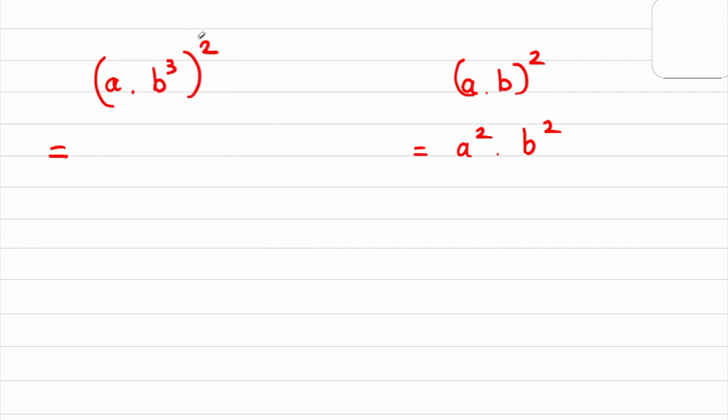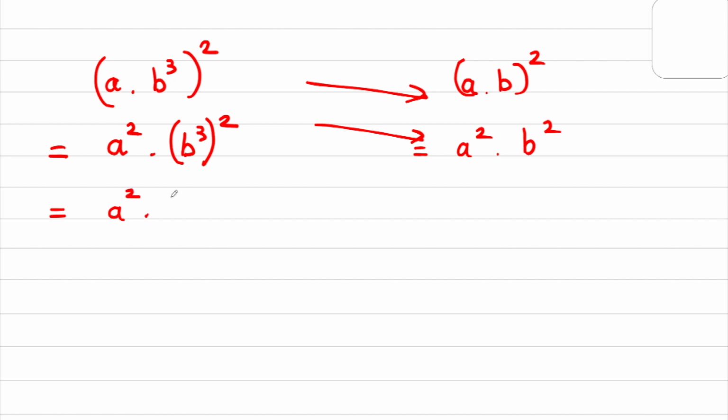So when I break this bracket, I get A square. But the problem with this one is you have to put BQ inside this bracket and then you get square outside. That's just like this writing, but for B, this is not only B anymore, it is BQ. So I put all of BQ inside the bracket and then I have square outside, like here.